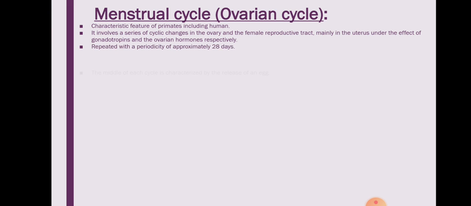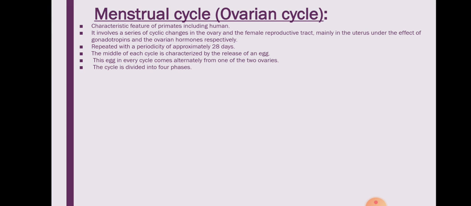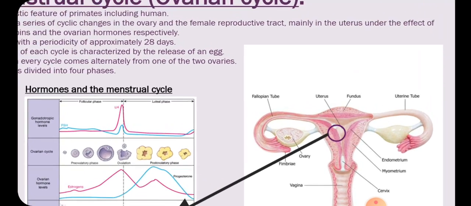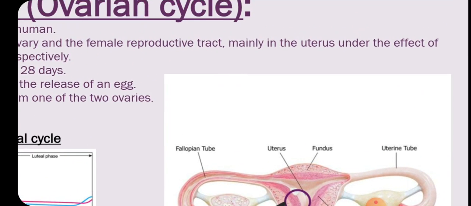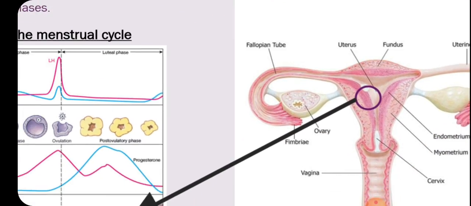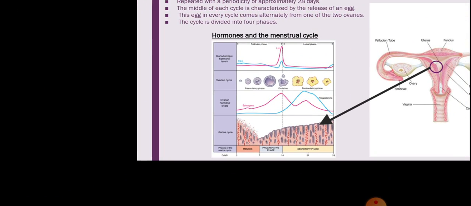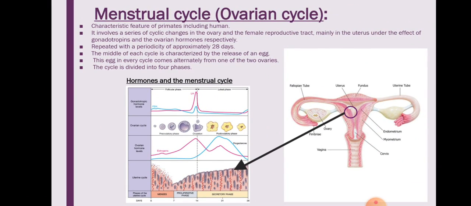Now, this slide has a diagram which shows the cyclic changes occurring during the menstrual cycle. Here you can see the wall of the uterus, where the arrow is pointed, and the changes in the wall of the uterus are shown.